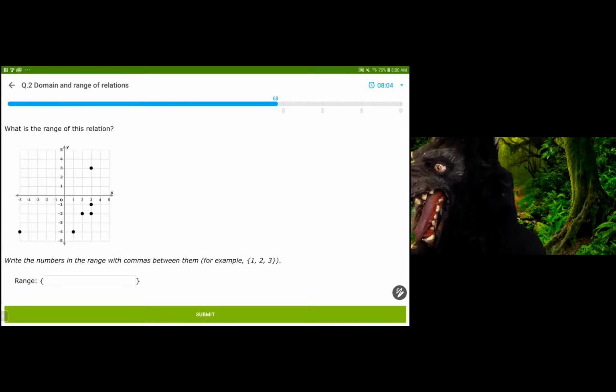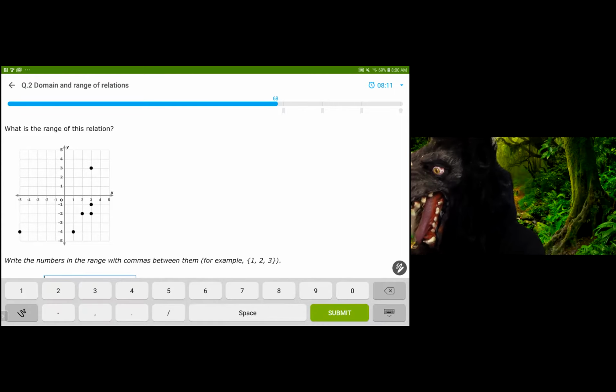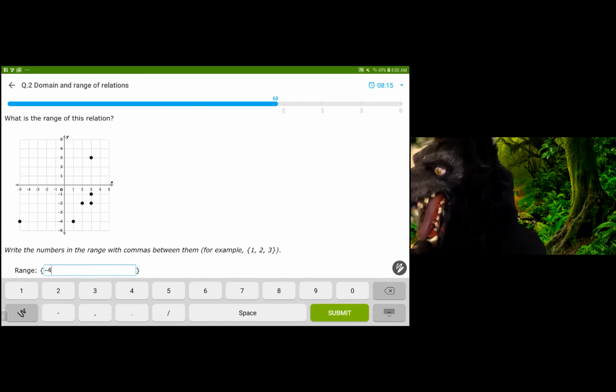We might get a 3, a -1, or a -2. But we want the range. So we're talking about all the y values. And -4 is my first one. I'm actually going to list them in order from bottom to top. I've got -2. I've actually got 2 of those. I've got a -1. And I've got a 3. And those are all the y values that are on my graph.